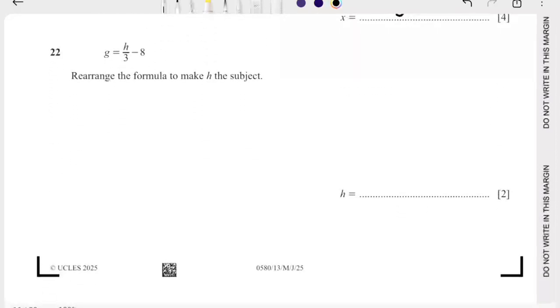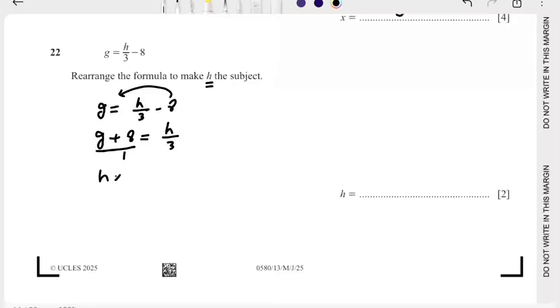Now rearrange the formula to make h the subject. So g is equal to h by 3 minus 8. We'll shift minus 8 to the other side. It would be g plus 8 is equal to h upon 3. Do cross multiply.